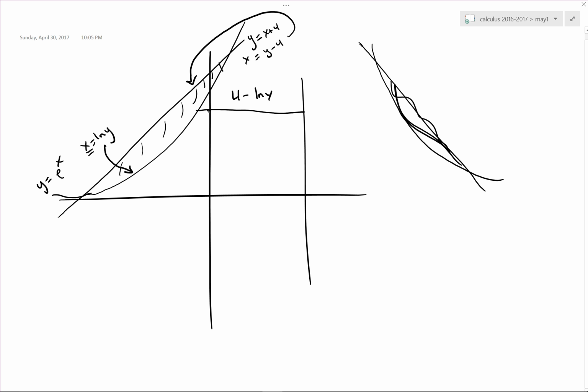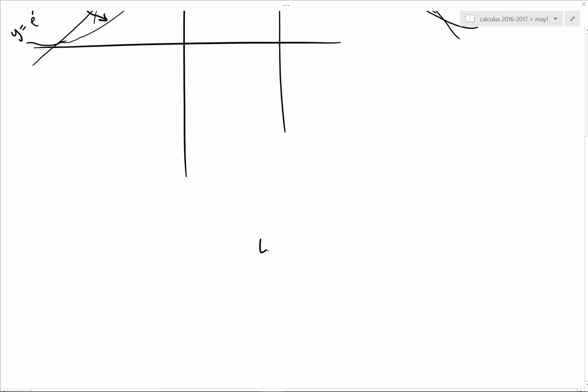So if your x is here at negative something, and I'm starting here and I want to know this radius, it's 4 minus whatever that is. If that is a positive value, like up here, it's going to be like 4 minus 1, a 3 radius. But if it's a negative x value over here, then it's going to be 4 minus a negative, so 4 plus. So my inner radius is going to be 4 minus ln of y, squared.